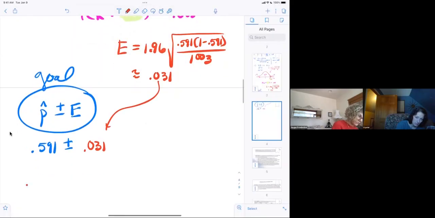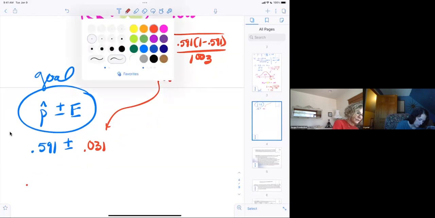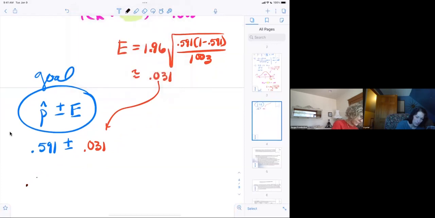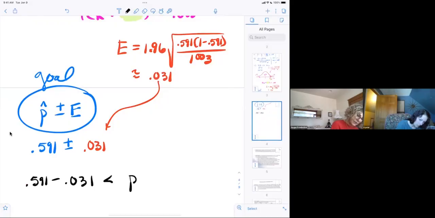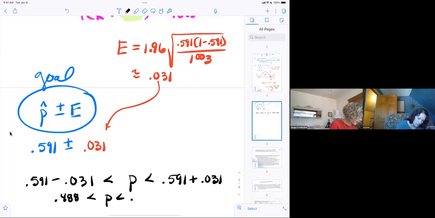So the lower bound would be 0.591 minus 0.031. So I'm estimating p, so I put p in the middle. My inequalities show that p is between 0.591 minus 0.031 and 0.591 plus 0.031. So 0.488 less than p less than 0.55.